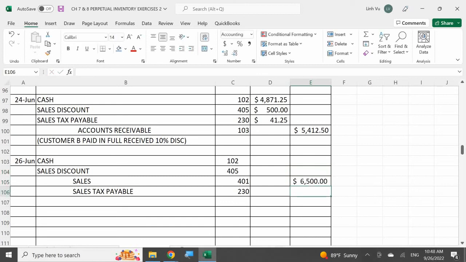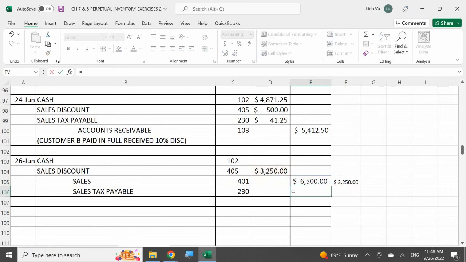Now, if I discount my items 50%, what is my total discount I'm actually taking off? 3,250. So therefore, I actually sold $3,250, right?